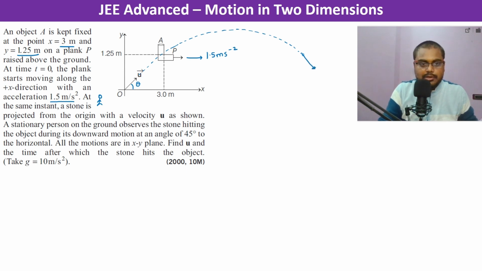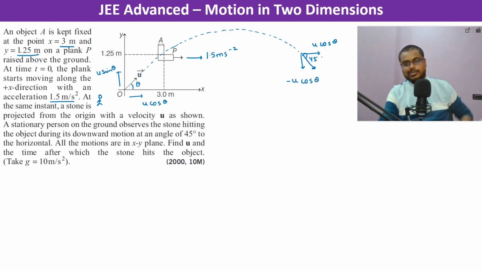So now in this direction, it's always u cos theta for the stone, and initially it was u sin theta in this direction. Since it is hit here, the x velocity is not going to change, it's going to be u cos theta only. The y velocity, because this is 45 degree, has the same magnitude, so it's minus u cos theta.